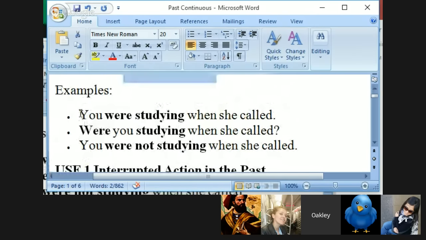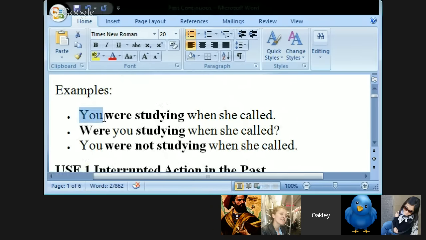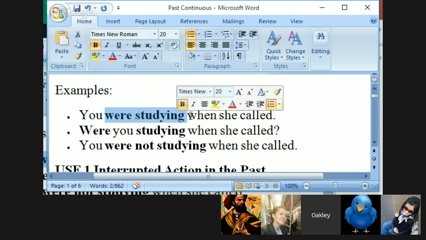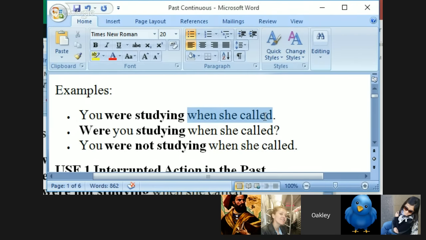Okay, what does it look like in a sentence? It looks like this. In a positive sentence, you, subject noun, followed by the verb, were studying. Okay, and then we have another clause here. When she called, this is very common. We'll get to this usage in just a little bit. So there it is in the question form, as always.